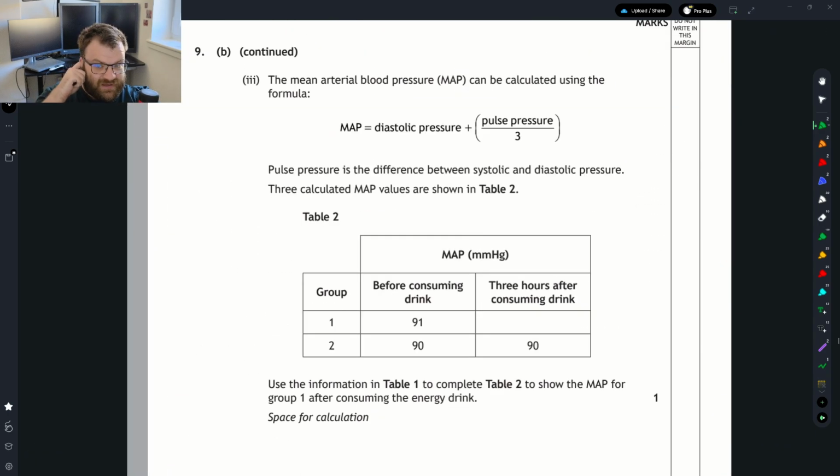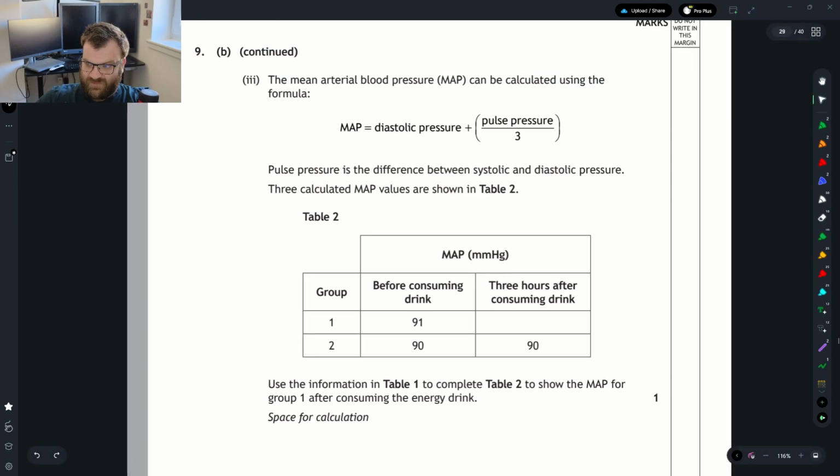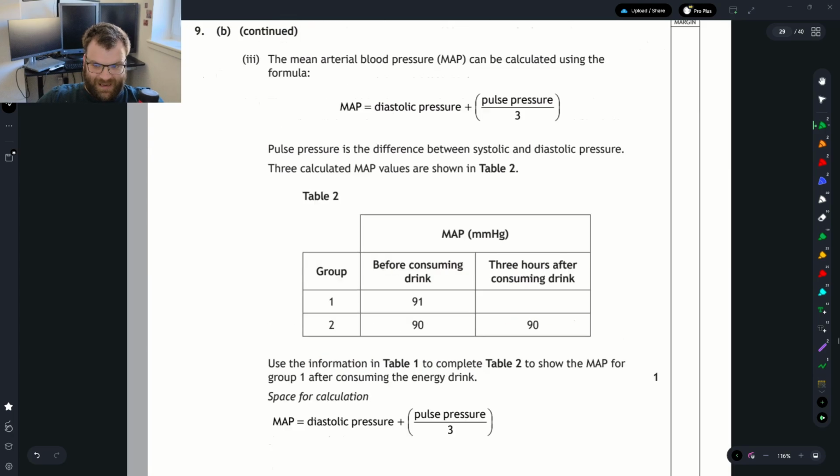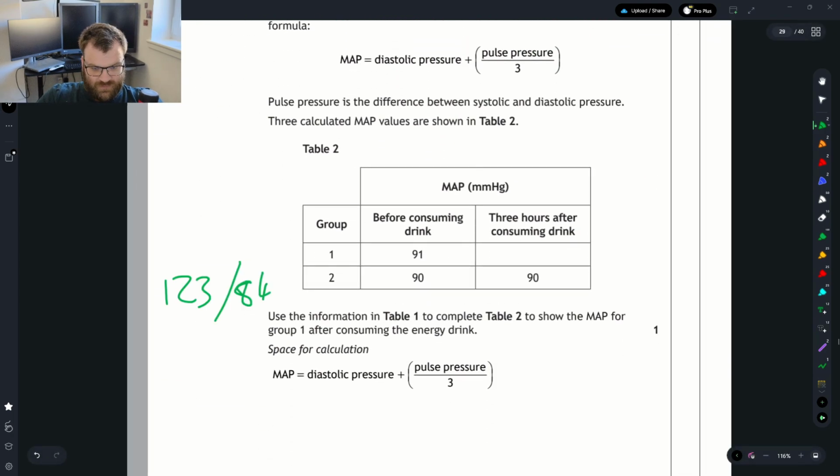Here we're asked to calculate their mean arterial blood pressure. Okay, so we need to do diastolic. Okay, so we're looking for group 1 after consumption. Diastolic's the second one, it's the lower of the two, which will be 84.